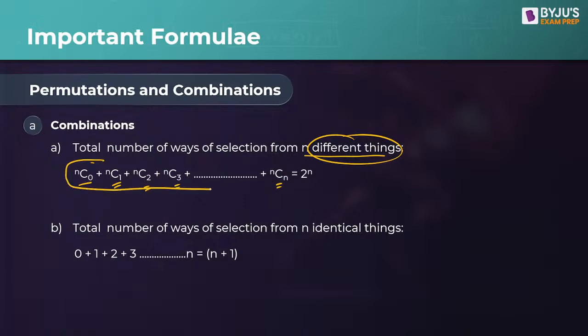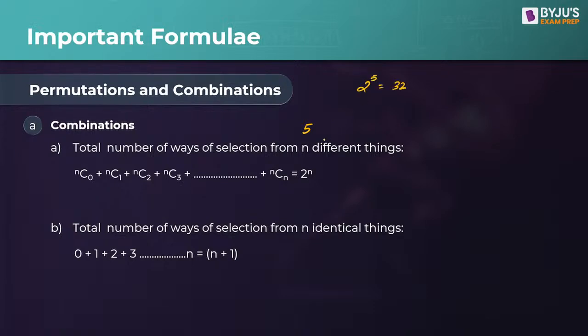So it will be the sum of all these, which is equal to 2 raised to the power n. So if you have 5 different objects, the number of ways of selecting 0 or more articles out of these 5 articles will be 2 raised to the power 5, that is 32.